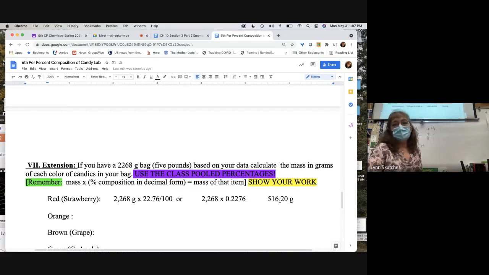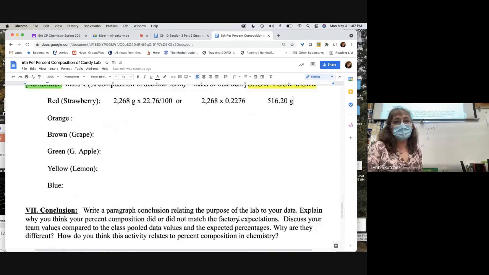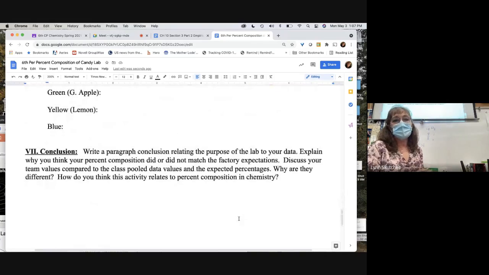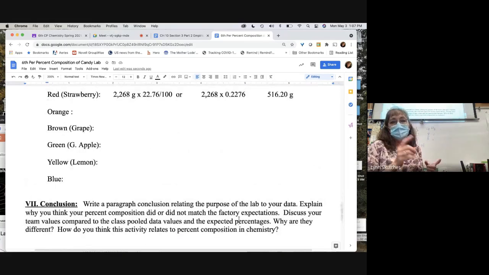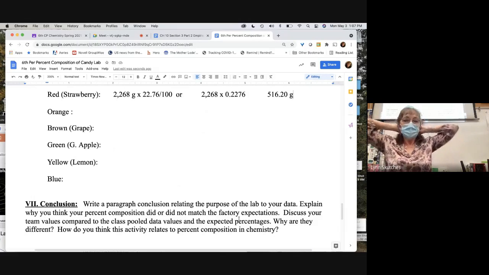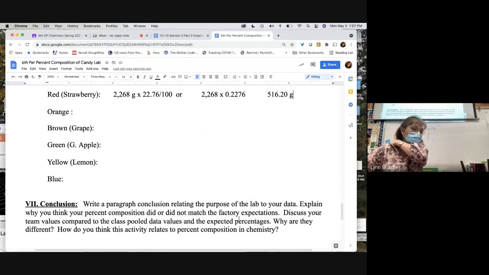Okay. And so you just have the other 4 to do, and then the paragraph to answer about what was the purpose, why do you think your percent didn't match the factory numbers, how does your team value compare to the class, were you higher or lower or the same, and then why do you think this relates to what we're doing in chemistry.